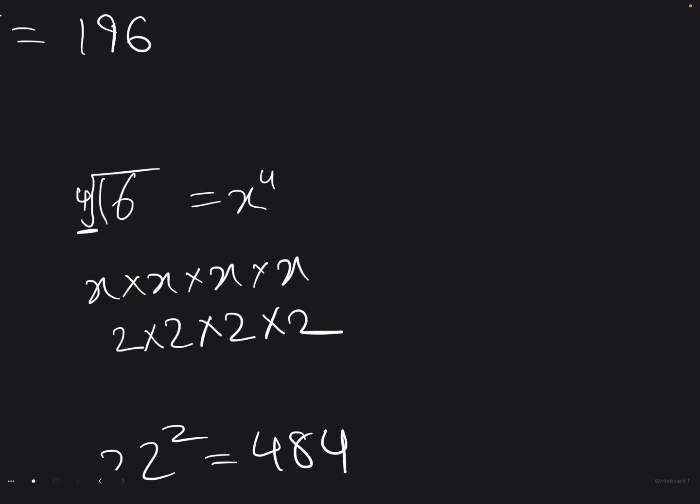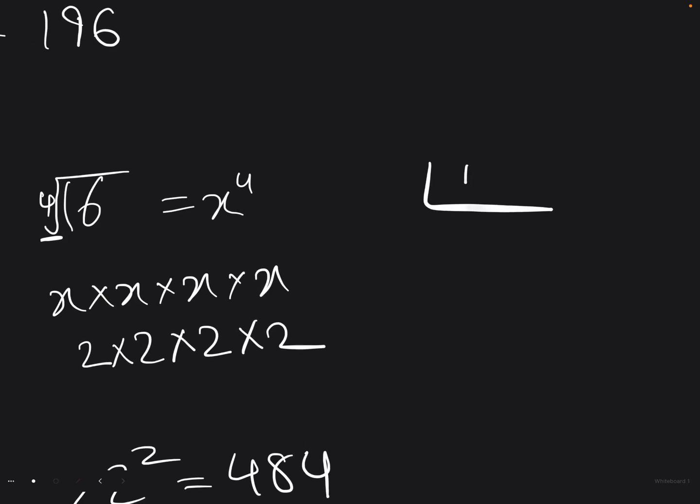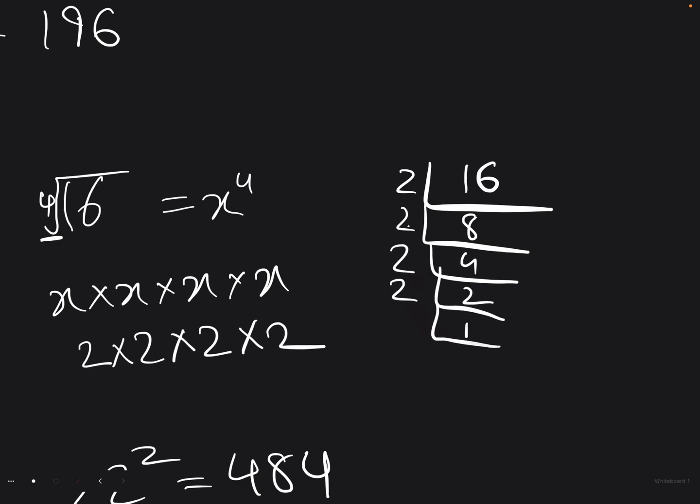So when we pull out the prime factors here, it becomes 2, this becomes 8, this becomes 2, this becomes 4, this becomes 2, this becomes 2, this becomes 2, and this becomes a 1. Because remember guys, we're dividing it and bringing it down, dividing it, bringing it down, until the number here is 1.